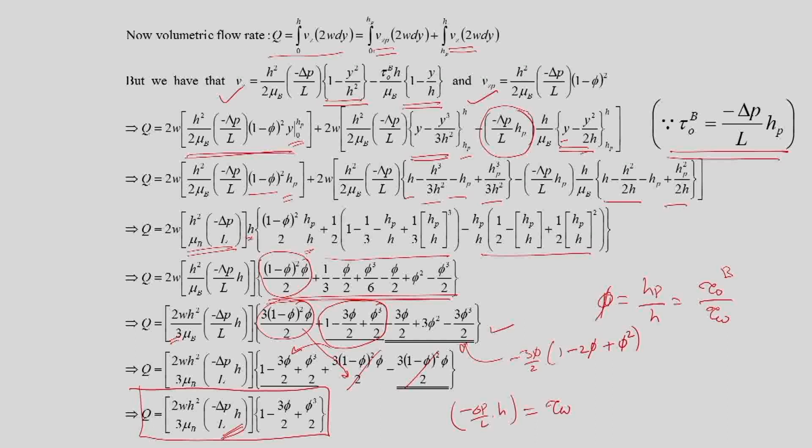So, it is not advised to memorize any of these velocity profiles or volumetric flow rates, but the students are advised to go through the steps: how to simplify the momentum equations, how to get the velocity profile from them, how to get the volumetric flow rate from the velocity profile, and also how to get the friction factors from the velocity profile. One has to be careful with these steps, and then can get the solution for any problem.